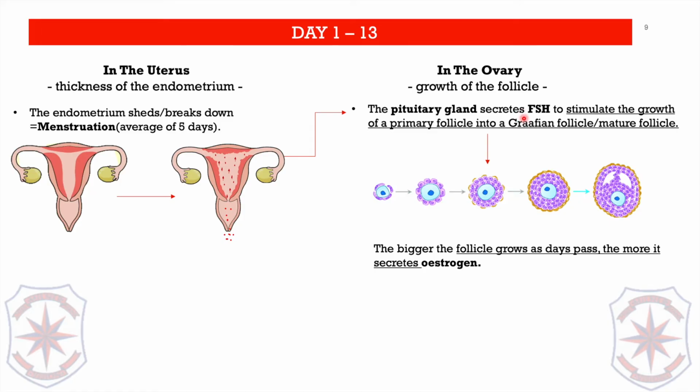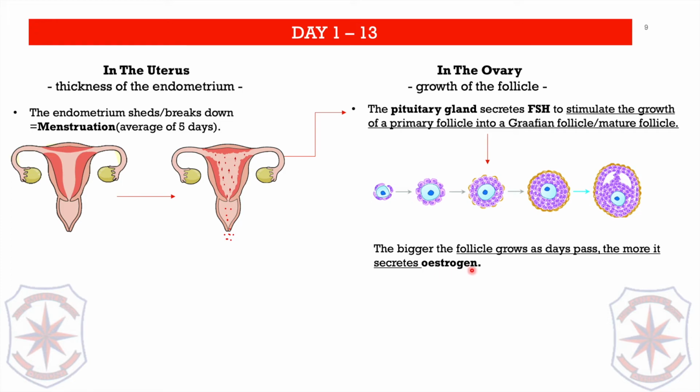Now, FSH is the very first hormone that is secreted. And what does it do? It grows a primary follicle bigger and bigger into a Graafian follicle. The more the follicle grows and matures, the more estrogen it secretes.